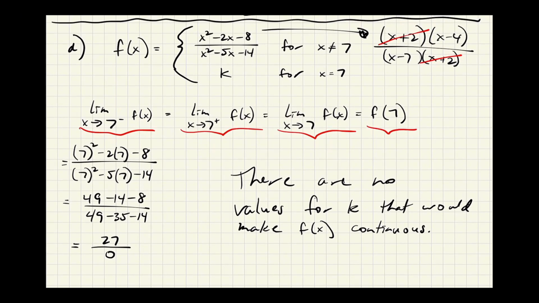Because even when I factored it, I still had an x minus 7 on the bottom. That's why I said it was a little bit of a trick. This one was a little bit of a tricky answer. It's not tricky in your work. You did the same thing, but the answer was a little different.